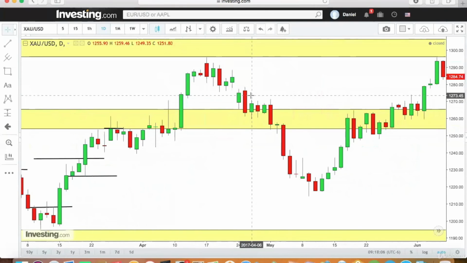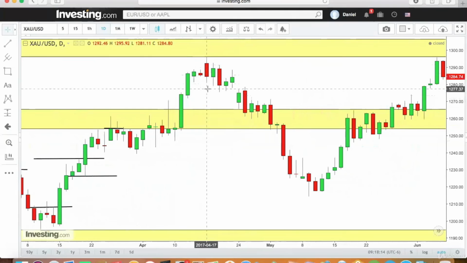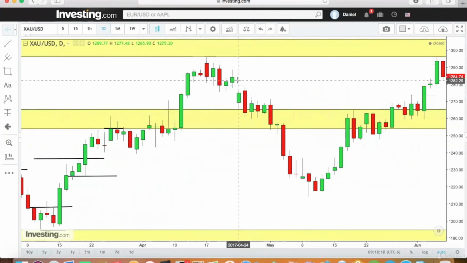So all you're looking for is market structure in your price action zones to be touched, the market to consolidate and make you a channel at that level. You're waiting for that level to then be broken and the market to close below that level, or pull back and retest that level, and then for the market to break that level again.